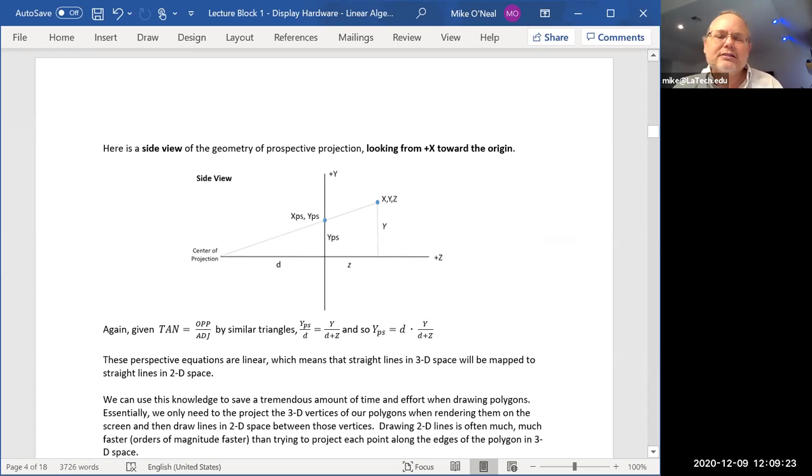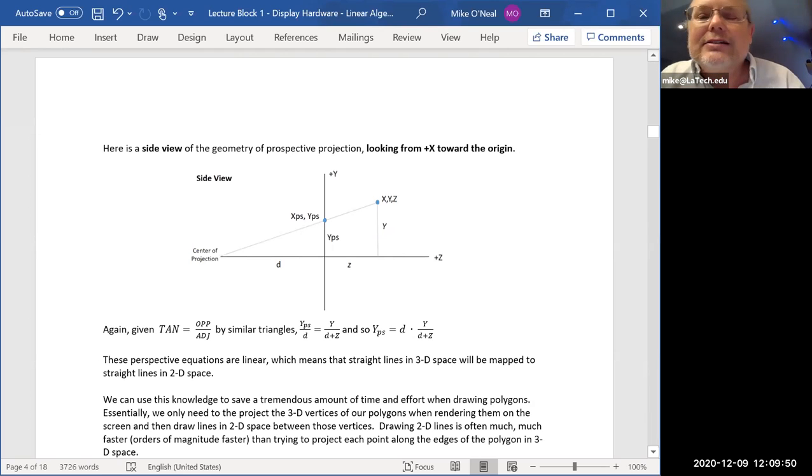It's called a left-handed system because if I take my left hand, you've got the y-axis that points up to positive. You've got the x-axis that points positive over here going to the right. And you've got this guy, which is the z-axis that points positive into the distance.